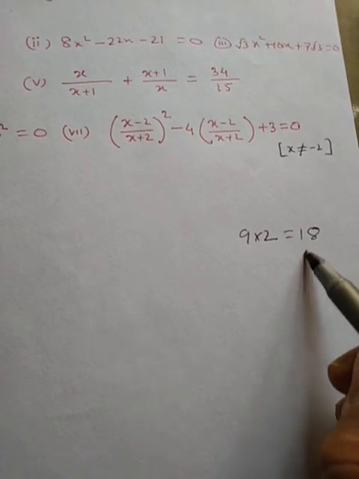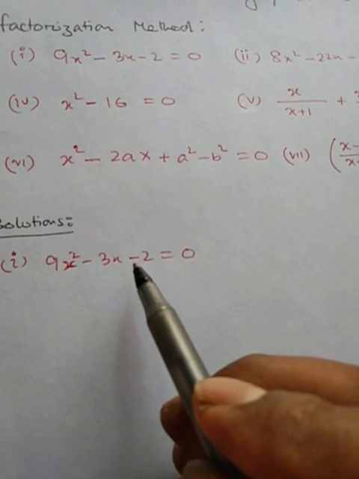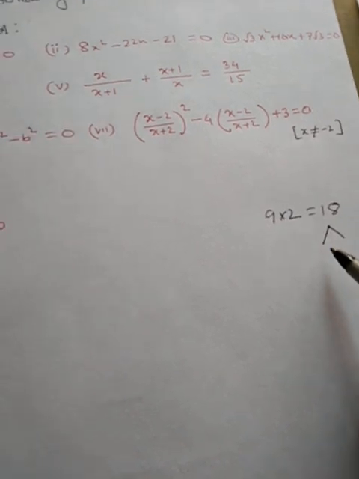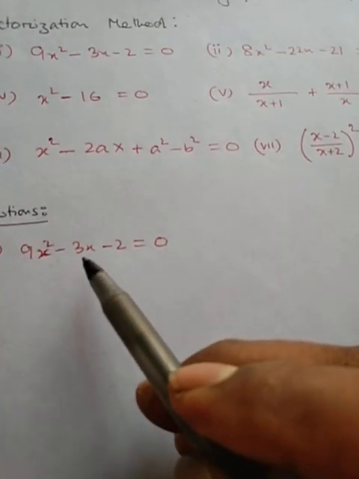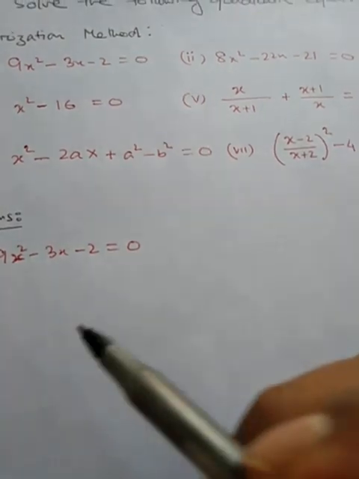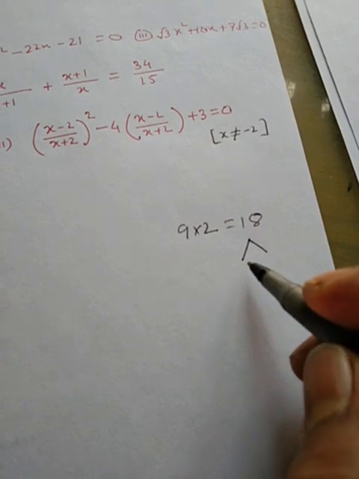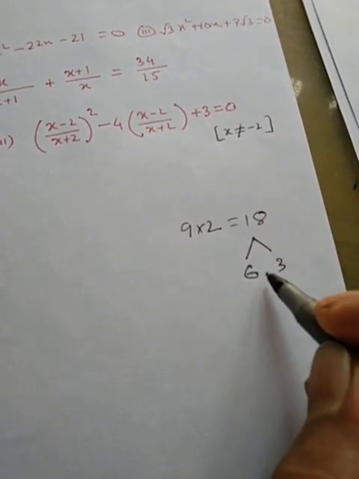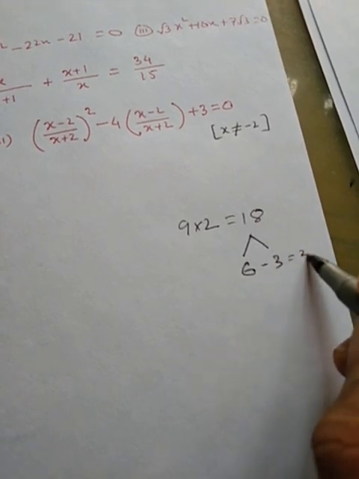Now 18 we have to split into two parts so that the difference, because this sign is minus, is equal to 3. So let us find two factors of 18 whose difference is 3. That will be 6 and 3, because 6 times 3 is 18 and 6 minus 3 is equal to 3.